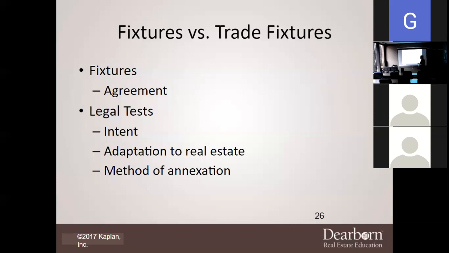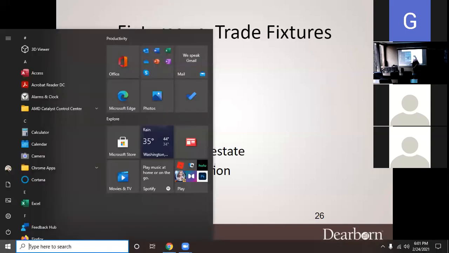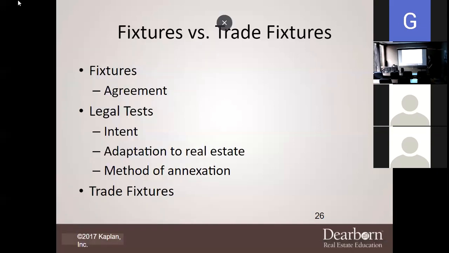So in that situation, they're going to have to apply the legal test. The very first one that's going to come into this, Mr. Grossman, thanks, sir, is the intent. What is the actual intent when Mr. Garrett puts that TV on the wall?